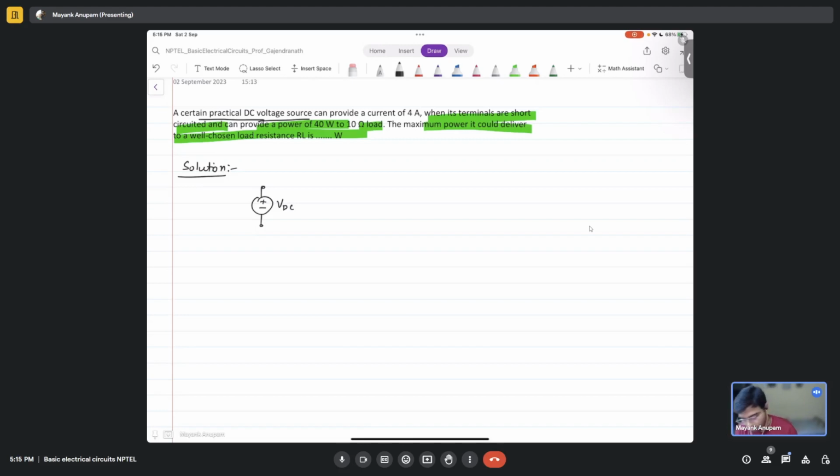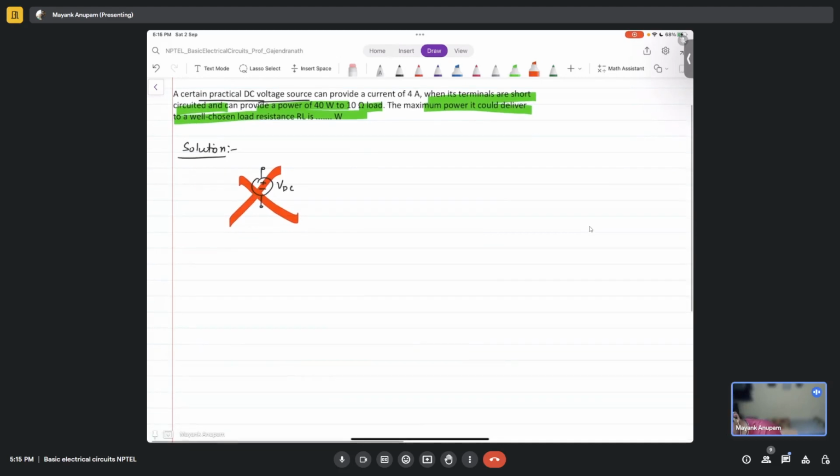In practice, do you get a voltage source of this kind? You do not get it, okay? So you do not get a voltage source of this kind in practice. In practice, what do you get?